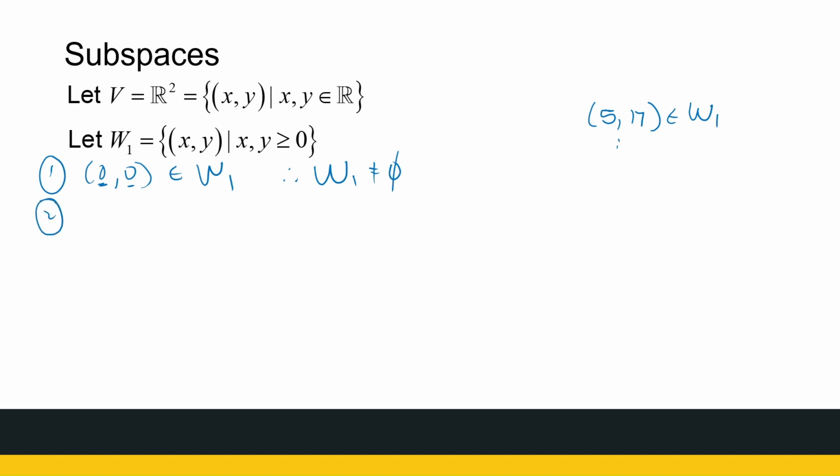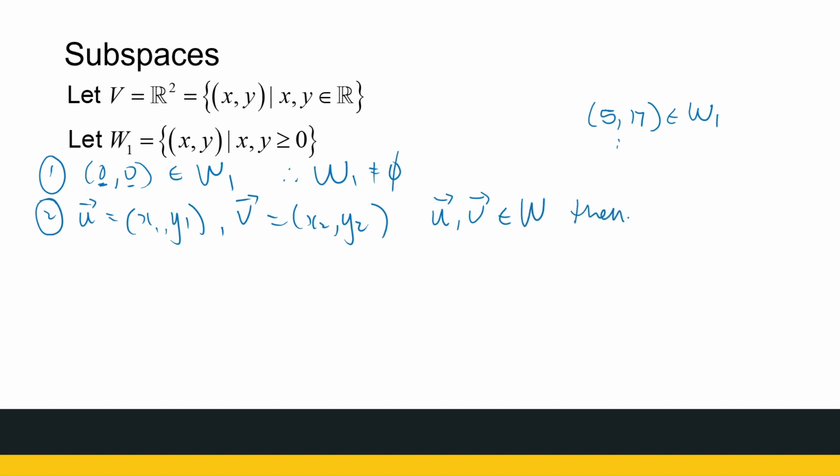The next thing we want to see is whether it's closed under addition. So for u equal to (x1, y1) and v equal to (x2, y2), u and v in W1 means that x1, y1, x2, and y2 are all greater than or equal to 0.